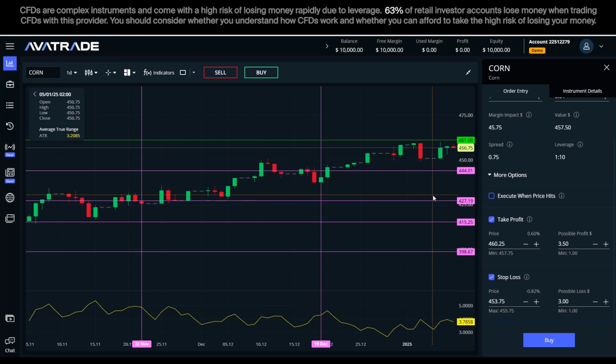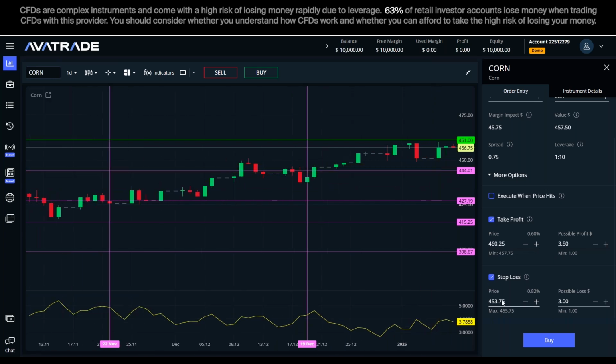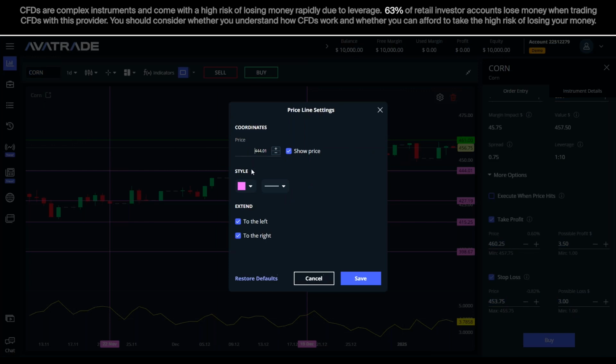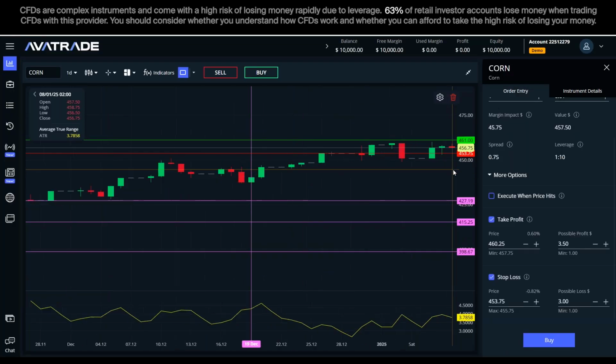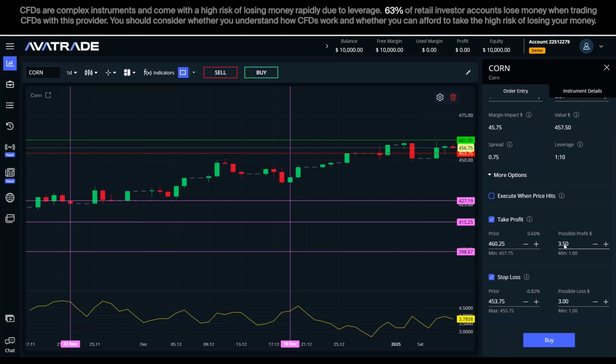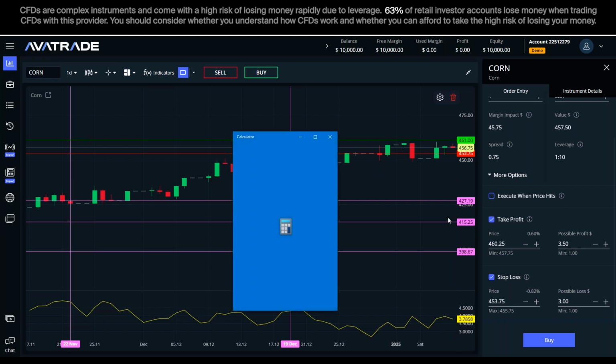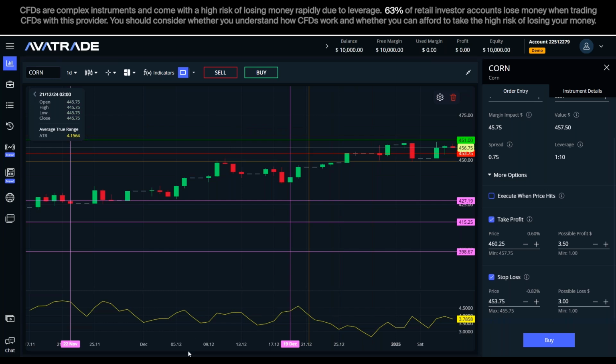So I know what price is realistic, and I set my take profit and the stop loss based on that, and that is not bad. But I'm not really here to make $3. I'm here to make maybe 1,000, which would not be bad. So let's find our notepad.